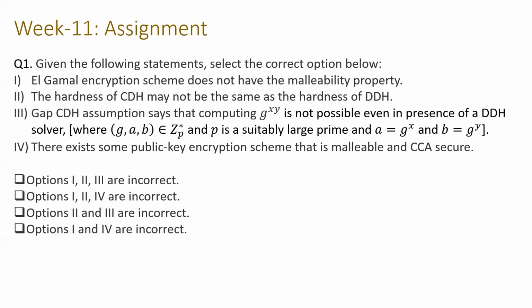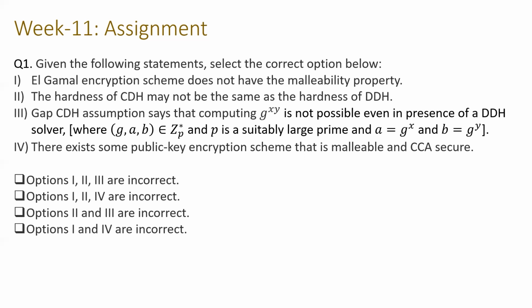According to the malleability property, if you multiply some element M dash to the second component of your ciphertext, it will give you the ciphertext corresponding to the message M times M dash.